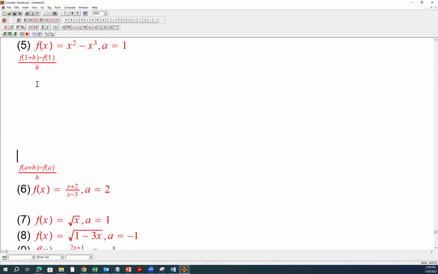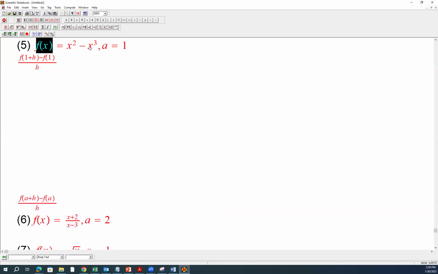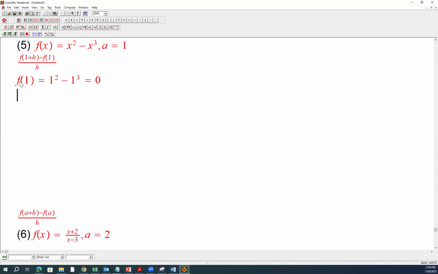And then we'll be working with f of 1. It's totally manageable. You can totally do it. So f of 1 equals 0, but what is f of 1 plus h? Because x equals 1 plus h. 1 plus h will be in the place of x.